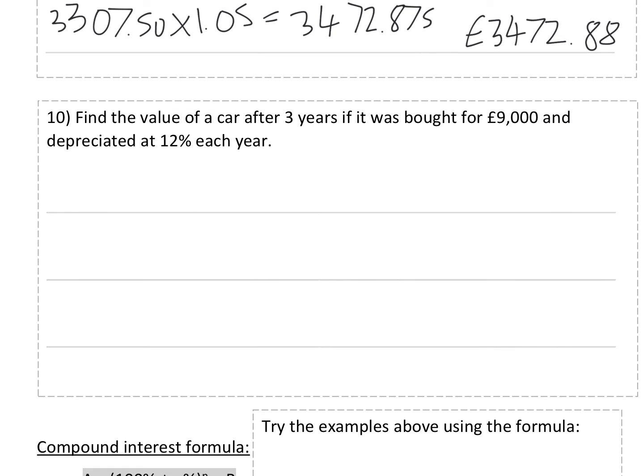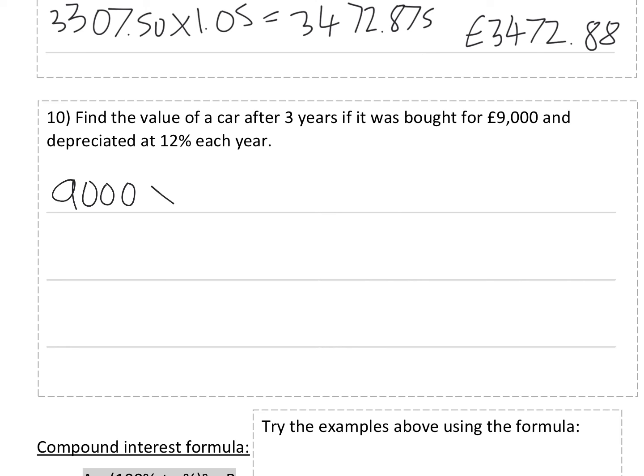Example 10. Find the value of a car after 3 years if it was bought for £9,000 and depreciated at 12% each year. So your original price of the car is £9,000. If it depreciates by 12%, originally it's 100%, 12% is lost, take 12% off 100% and that would give you 88%.